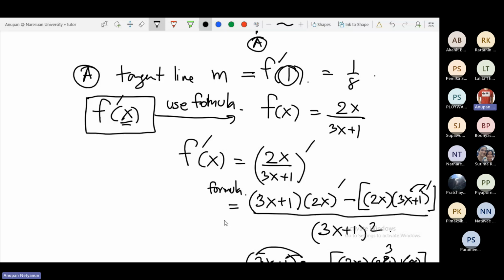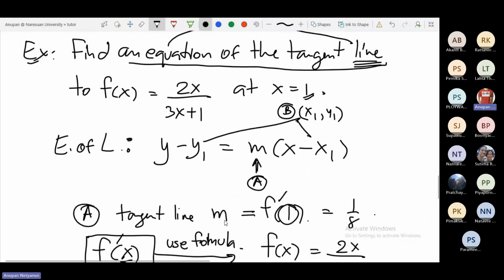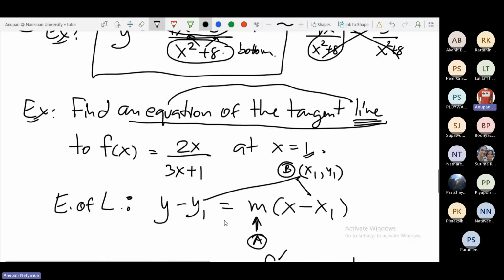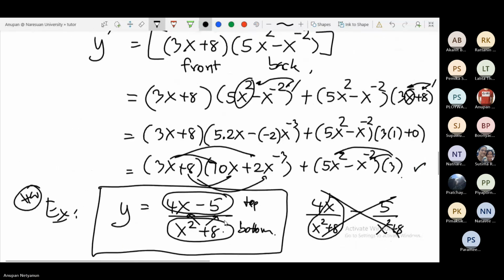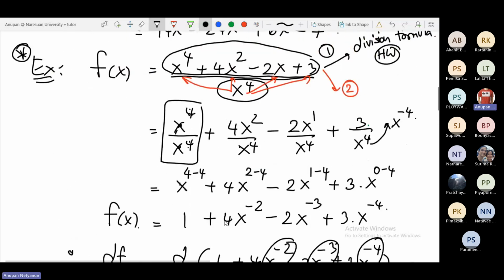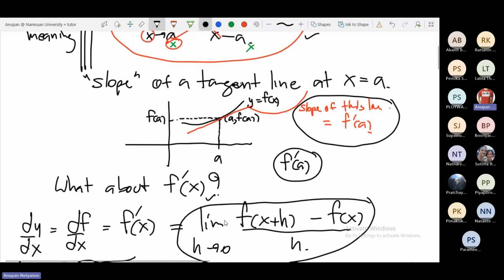Now let me do part B over here, where you need one point (x1, y1). You need to look at 1, right?